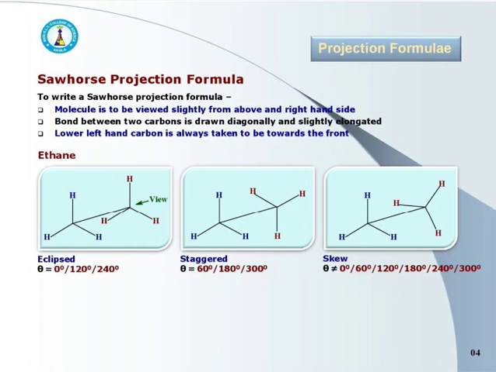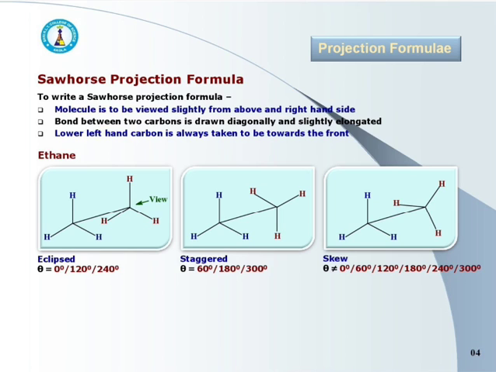Next type of projection formula is Sawhorse projection formula. To write the Sawhorse projection formula, the following points are to be considered. First, the molecule whose projection formula is to be written should be viewed slightly from above and the right hand side.